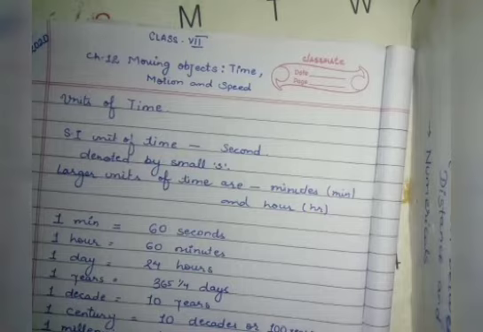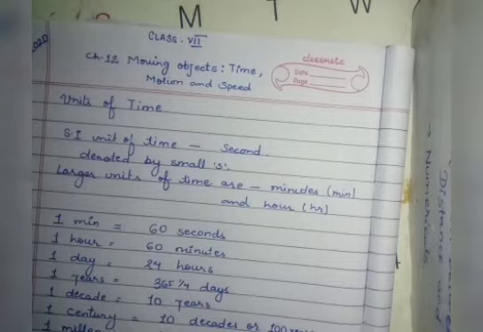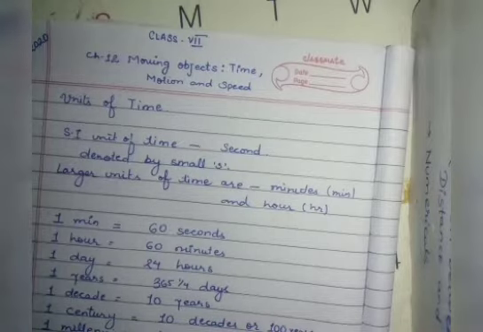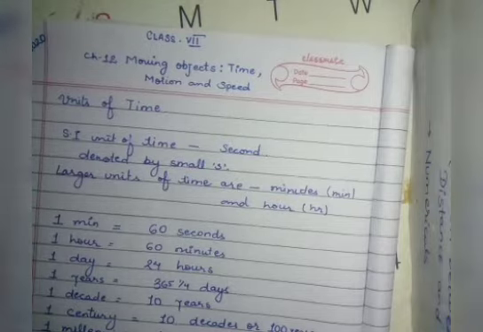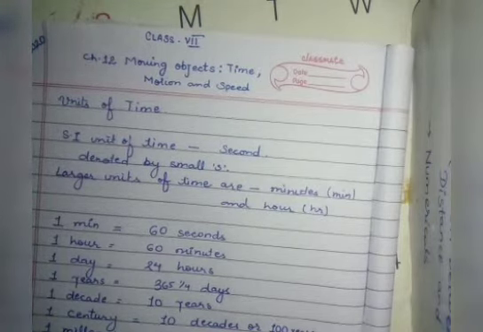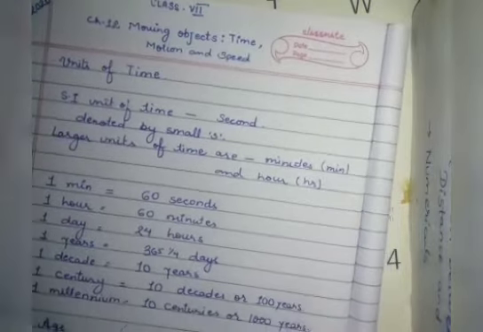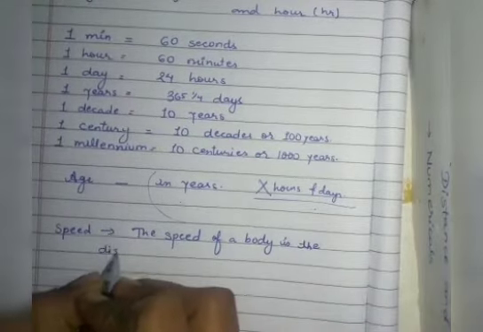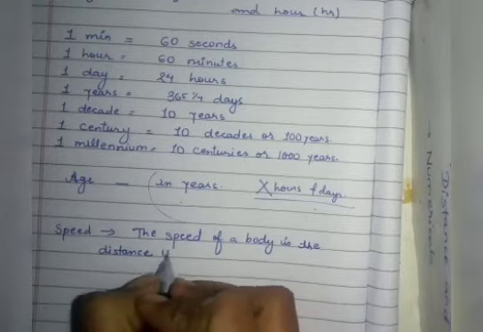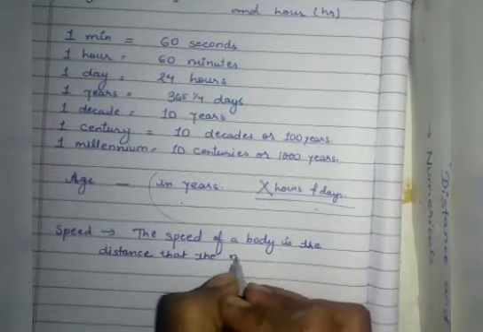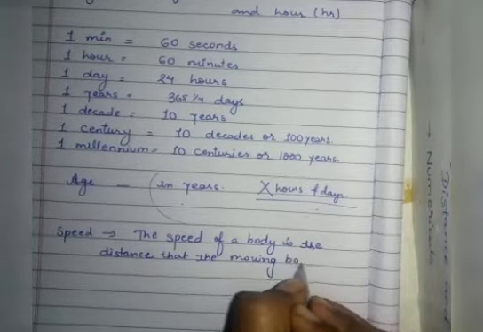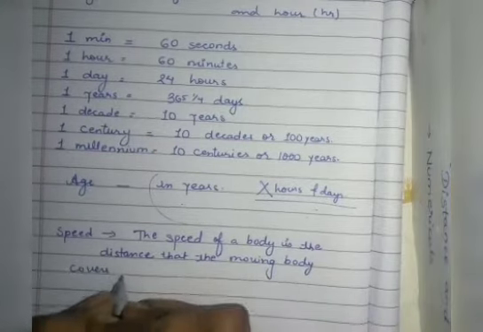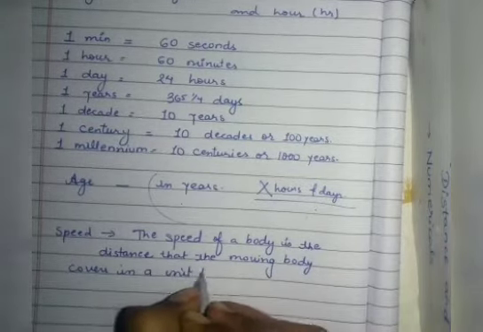The next is speed. The speed of a body is the distance that the moving body covers in a unit time.